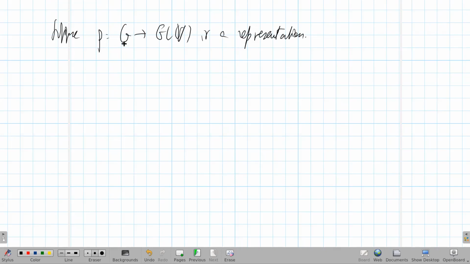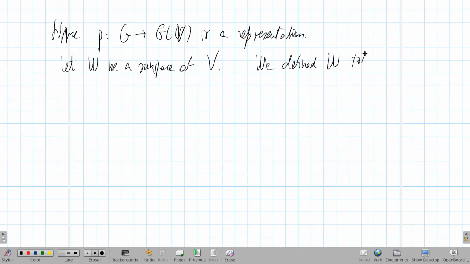So I intend that G is a finite group and V is a finite dimensional vector space over the complex numbers. So suppose this is a representation. Let W be a subspace of V. Then we defined W to be rho(G) invariant.